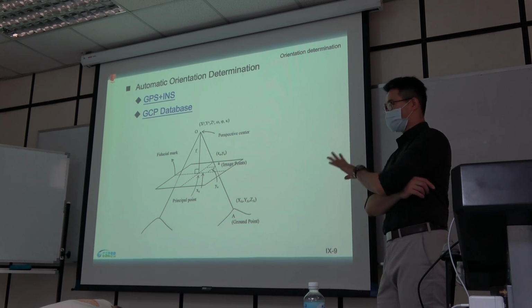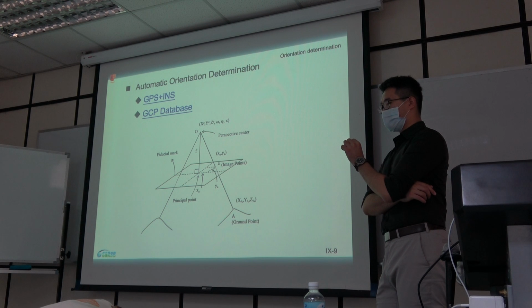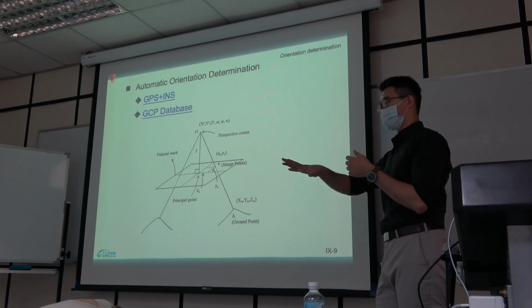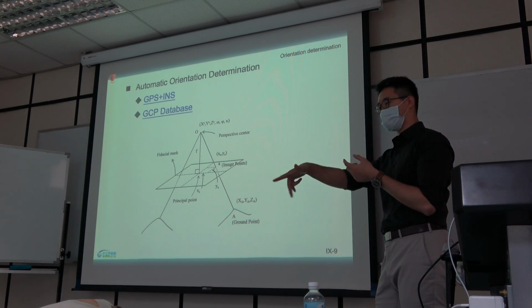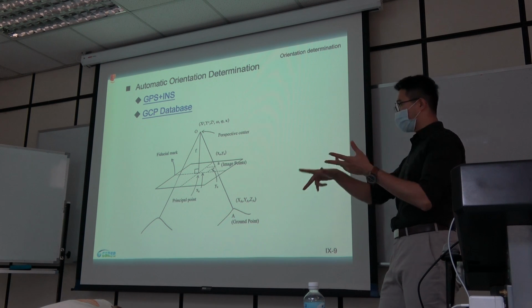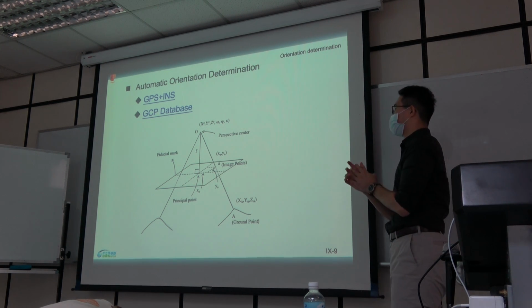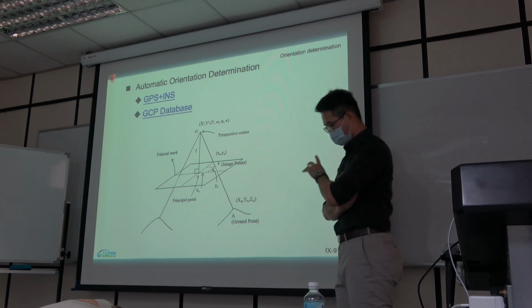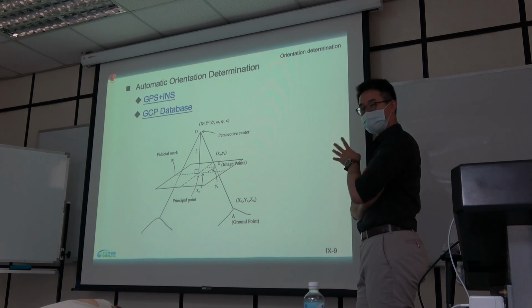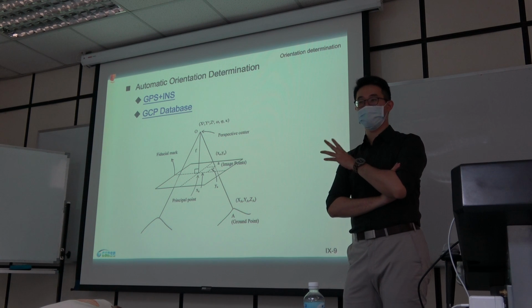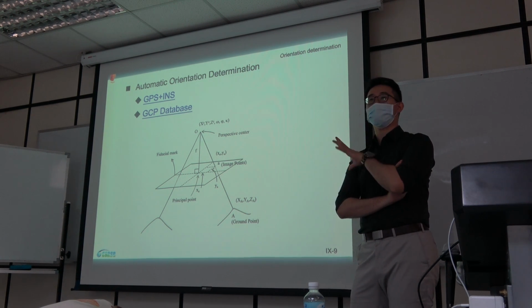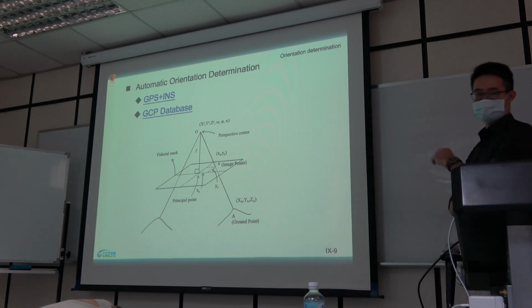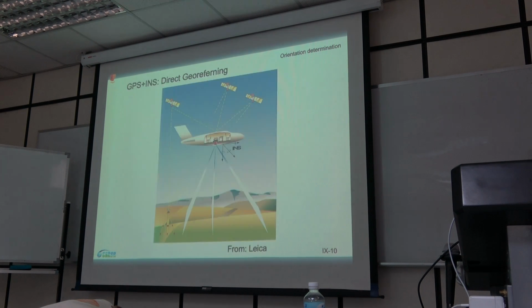The purpose is to obtain where you are taking the photo, and what is the angle you are using for the photo. There are 2 possible ways to do it. One is to directly use the GPS and INS that you have from your imaging system, from your camera system. You directly use that.